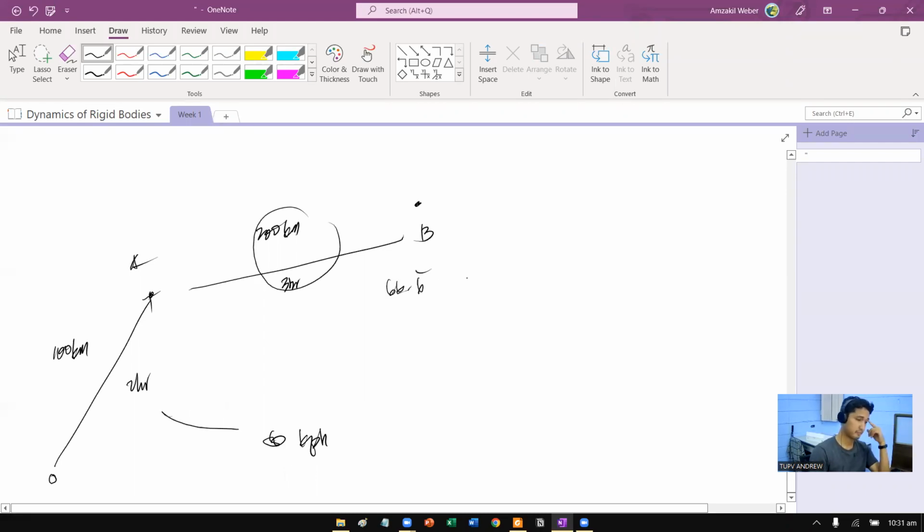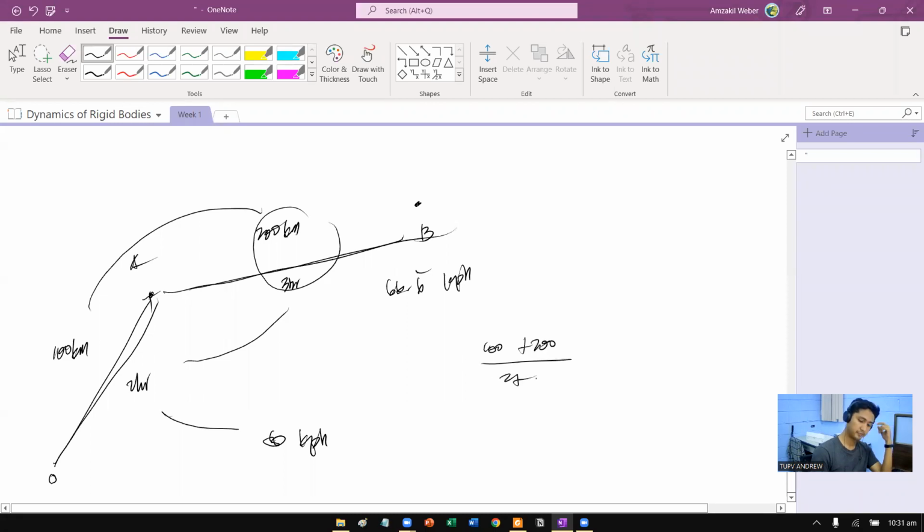So you have one speed from O to A and another from A to B, and you add them and divide by 2, thinking you get the average speed. The other way is to add 100 and 200, and divide by the total time: 100 plus 200 divided by 2 plus 3, which is 300 divided by 5, which is 60.